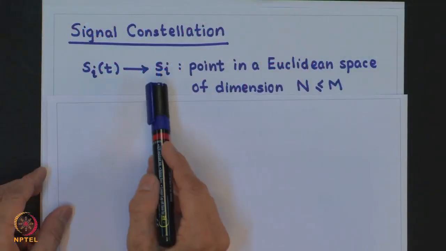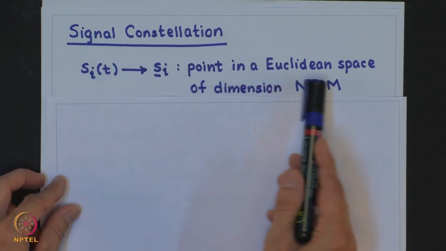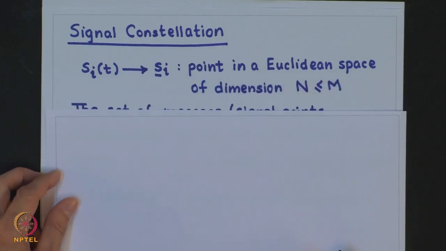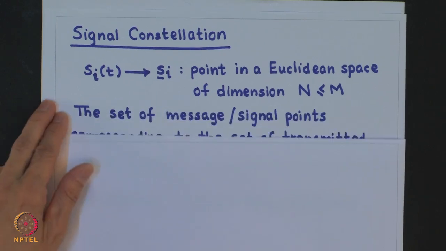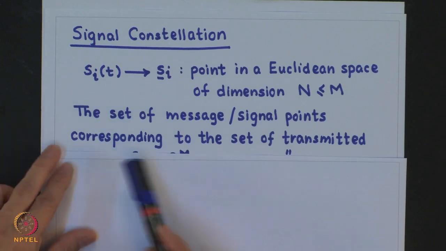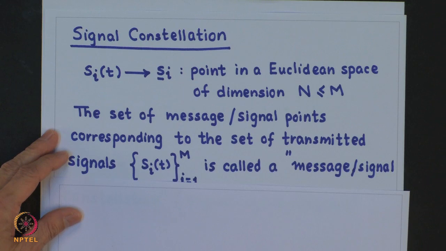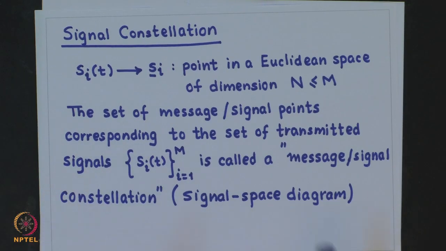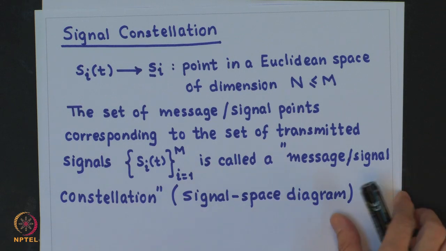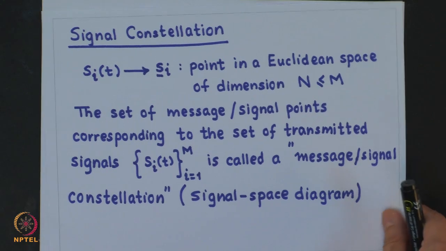A particular message signal s_i(t) gets converted to a message vector s_i, which is a point in a Euclidean space of dimension N less than or equal to M. The set of message signal points corresponding to the set of all the transmitted signals is called a message or signal constellation, and sometimes in the literature this is also known as a signal space diagram. This we have studied earlier.